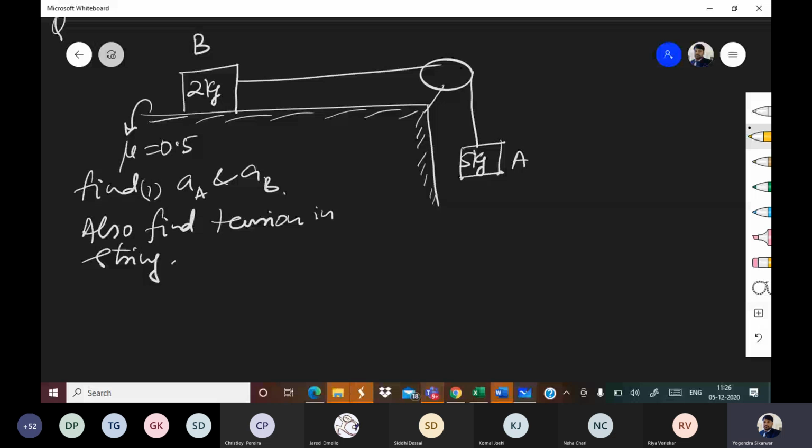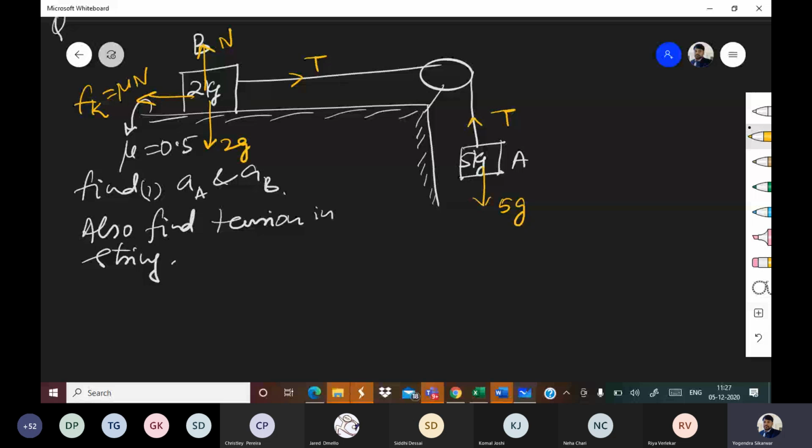All right, everyone, please pay attention. 5G is acting downward. T is acting upward. On this B block, T will be acting towards right. 2G is acting downward. N will be acting upward, and friction will be acting in the opposite direction. And that friction will be nothing but mu N. Okay.